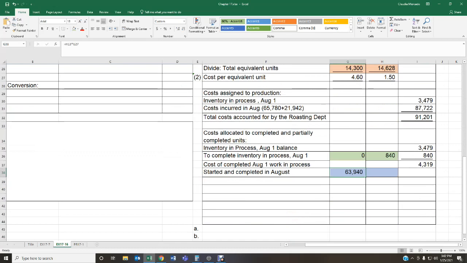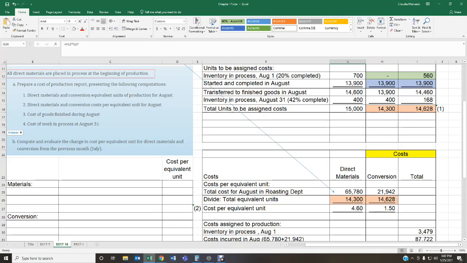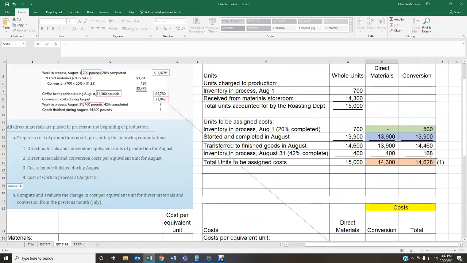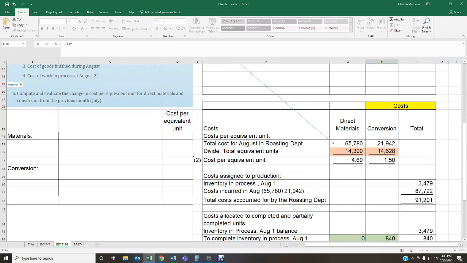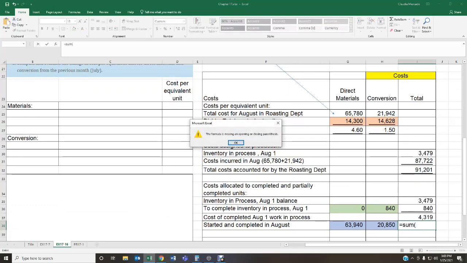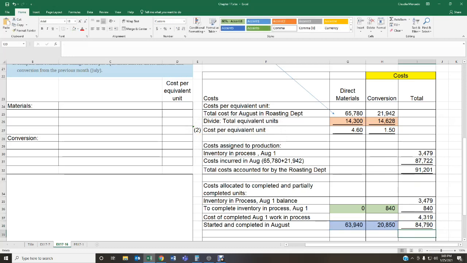The blue numbers are the blue numbers up here, the 13,900 times your cost per equivalent unit. Okay, so then that's going to be 13,900 times your conversion cost per unit, which is $1.50. That gives me $20,850. Okay, so we're going to add my materials and conversion cost, and then that gives me $84,790.